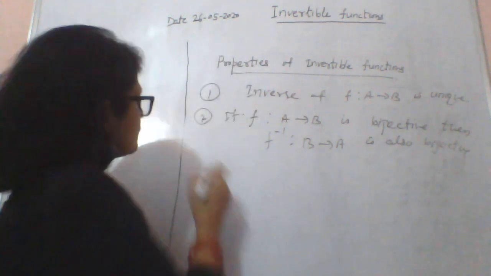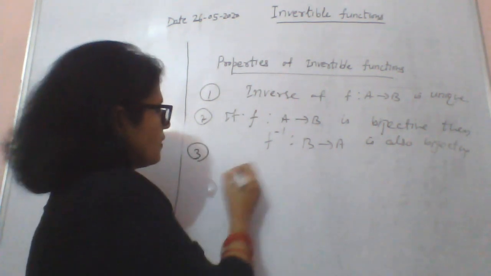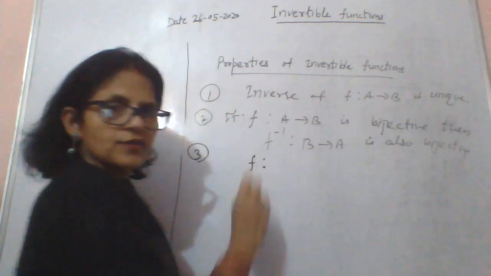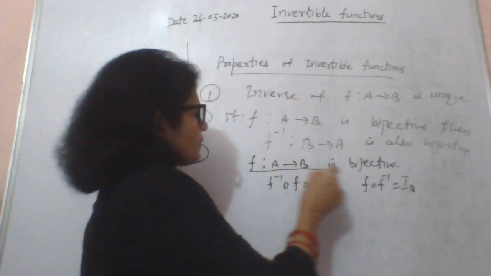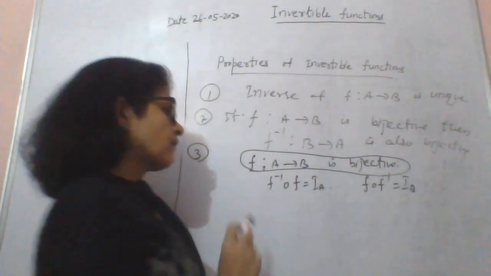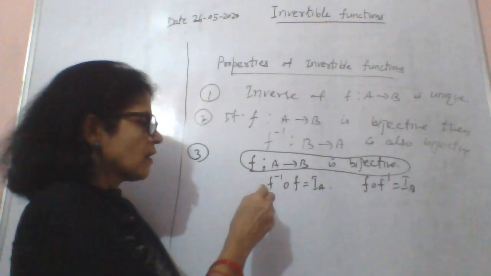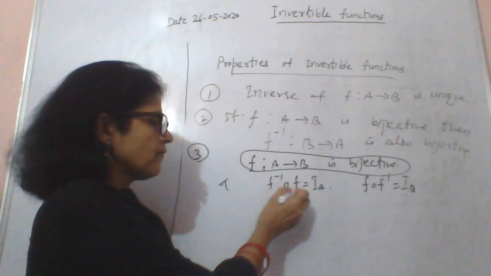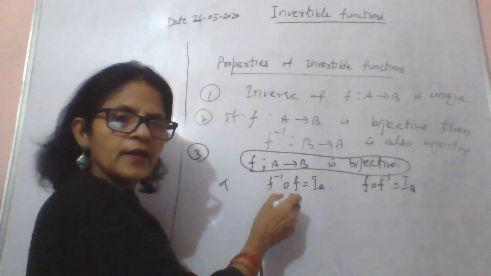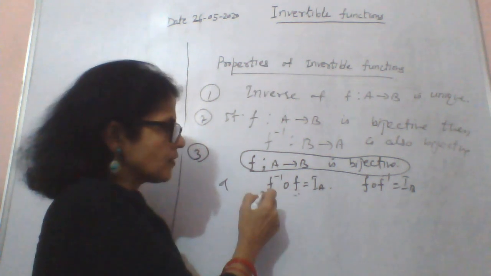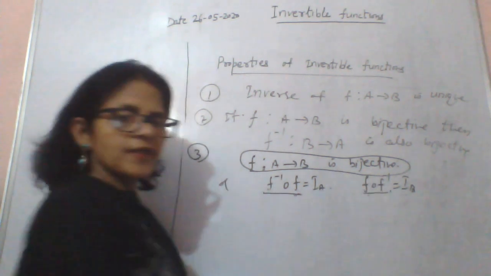Third property: whenever f is a function from A to B and it is bijective, the composition of f inverse and f, or f and f inverse, in both cases gives identity functions.